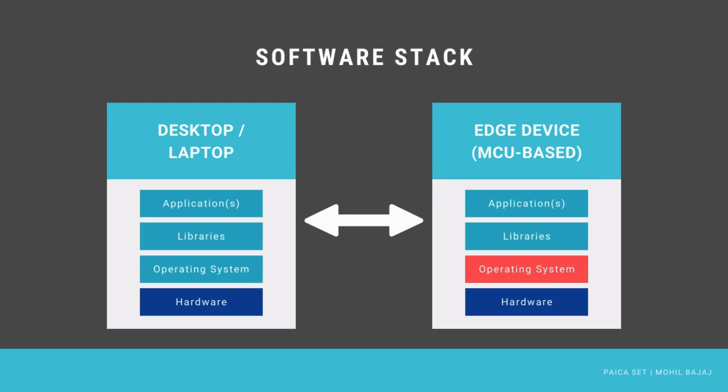The lowermost part of the software stack, the operating system, in itself has multiple pieces of code that look after stuff like process management, memory management, network management, input and output device management, to name a few. This last one, the input and output device management, is the part that interacts with your hardware, like the keyboard, mouse, external monitors, etc. On top of the operating system are lines of code called libraries.